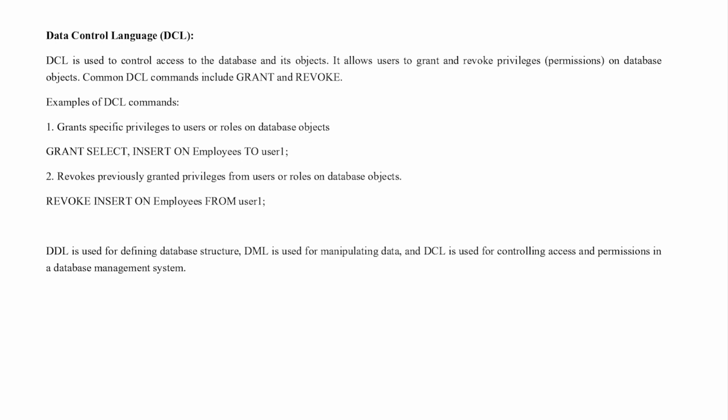Grant select, insert on employees to user 1. 2. Revokes previously granted privileges from users or roles on database objects. Revoke insert on employees from user 1. DDL is used for defining database structure, DML is used for manipulating data, and DCL is used for controlling access and permissions in a database management system.